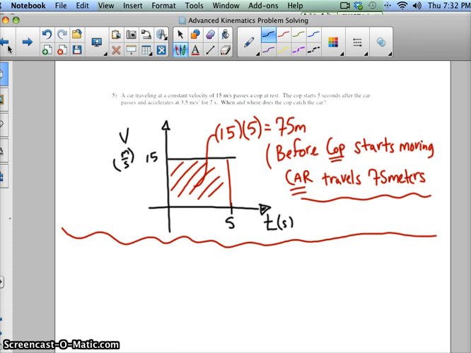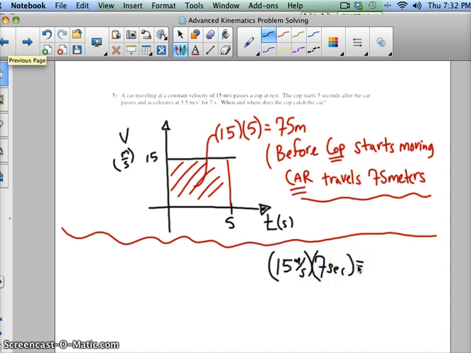The car the cop is chasing is 75 meters plus, from 5 to 12 seconds. The 7 seconds that happen after 5 seconds, that's going to be another 15 meters per second times 7 seconds that this car travels.